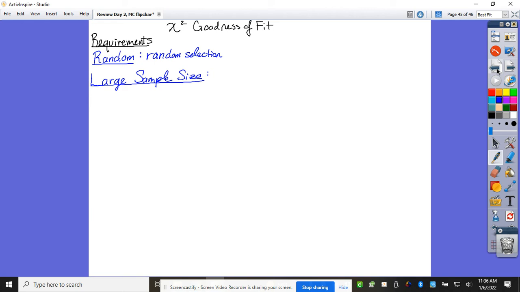Alright, so what am I actually checking for there? All your expected counts are greater than or equal to 5. And then my last condition is still exactly the way that it was before.